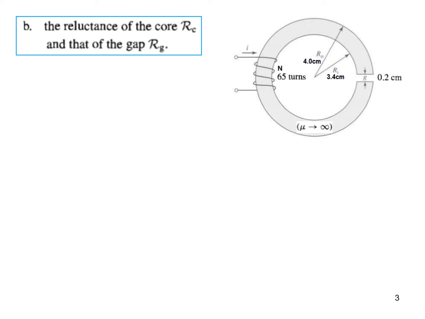Now part 2, reluctance of the core Rc and that of the gap Rg. Now if you remember, the permeability is infinity. That means there is no resistance or reluctance offered by the core, and therefore we can straight away write that Rc is equal to 0.